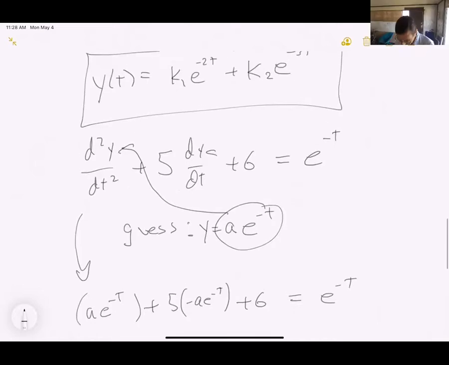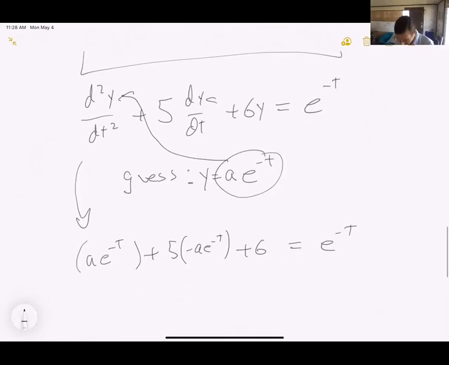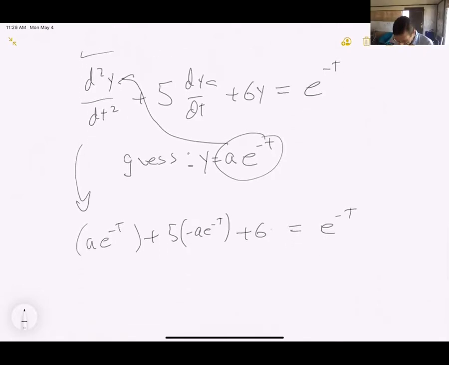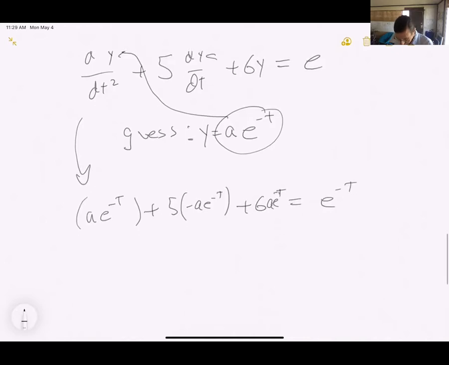Plus 6, oops, I have a y here. Plus 6y. And that gives us, again, A e to the minus t. That's sweet because we get an e to the minus t everywhere.